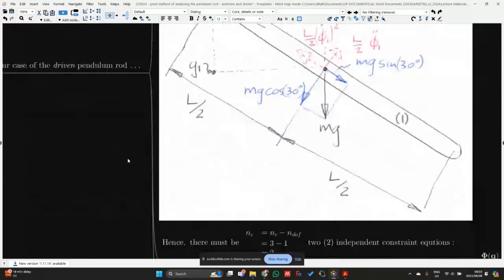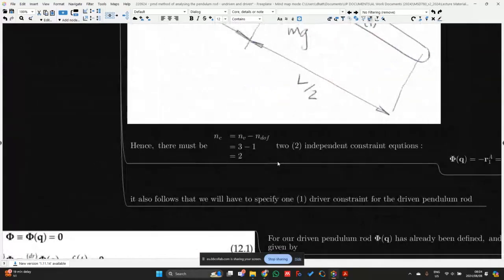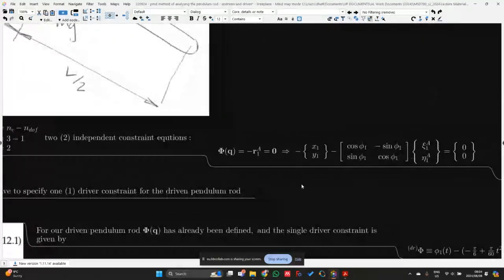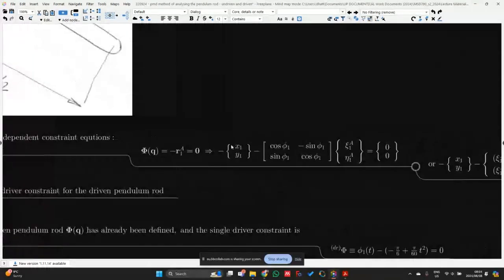If we scroll down, we can calculate how many independent constraint equations we have. nC is once again equal to nV minus nDOF, so we have 3 coordinates minus the 1 degree of freedom. So we need 2 independent constraint equations, and we actually already have one of these from the previous analysis.